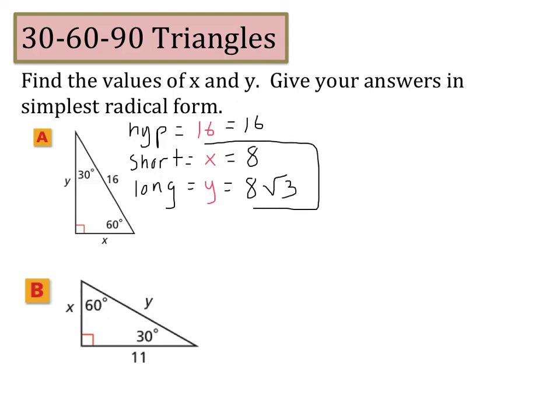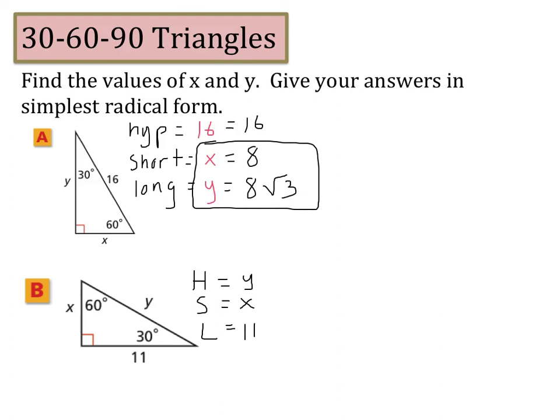So here are my values for x and y. Okay, same thing for this one. I want to figure out my hypotenuse, my short leg, and my long leg. My short leg here is x, my long leg is 11, and my hypotenuse here is y.